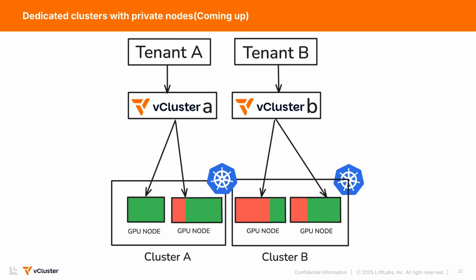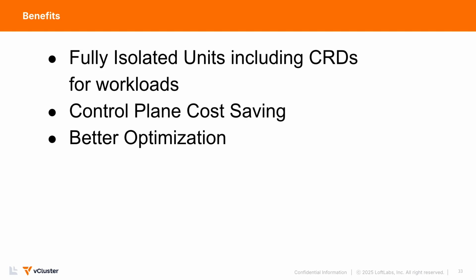Apart from that, you generally have the option to create new clusters overall, so you have more utilization, while focusing on the most important part, which is the training and the inference. So the main goal is that whenever you use virtual clusters with the help of Kai scheduler or normal scheduling as well, you get fully isolated units, including CRDs, for your workloads.